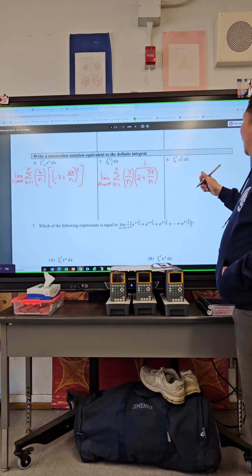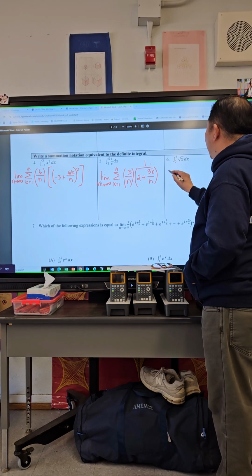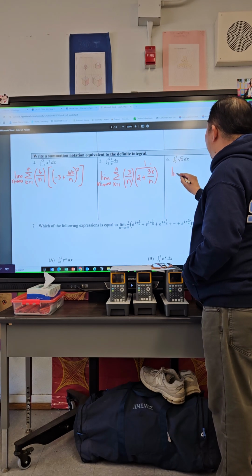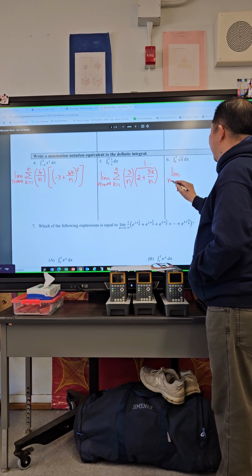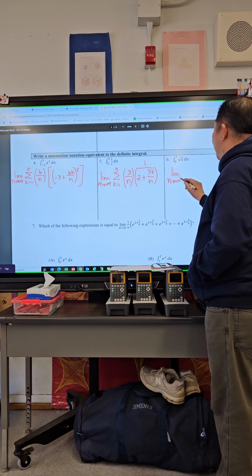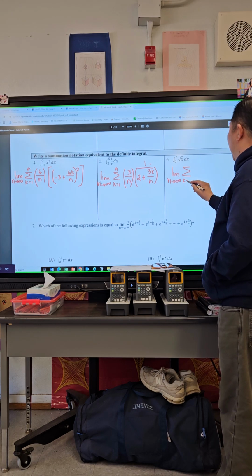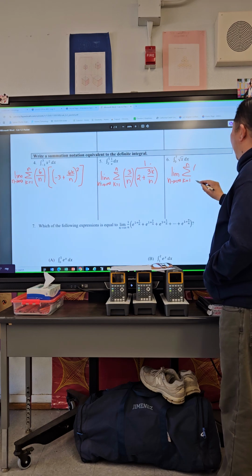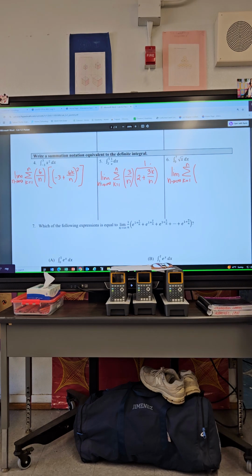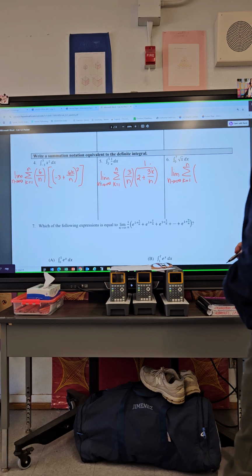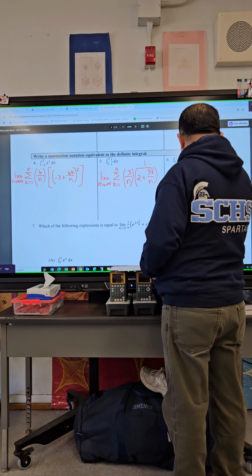Okay, so what is now our limit? The limit as n approaching infinity, and you have k equals 1 to n. And what is this? Upper minus lower, so 7 over n, right? So 7 over n.